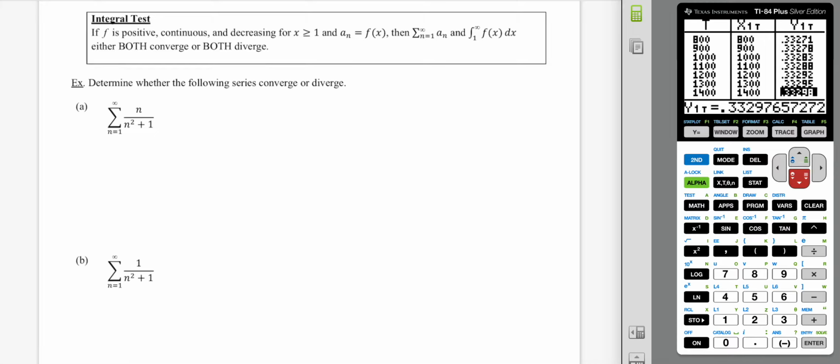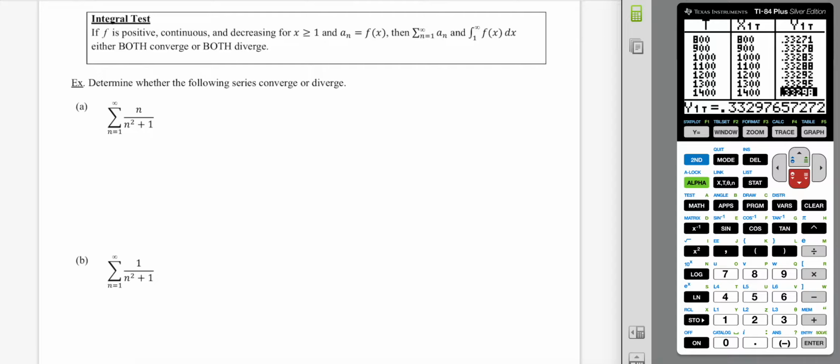At page 74, we're talking about the integral test statement here. I'll just read it and then I'll talk a little bit more about it. If f is positive, continuous, and decreasing, so the decreasing part's important, for x greater than or equal to 1, and a sub n is equal to f of x, that's kind of an iffy concept there.